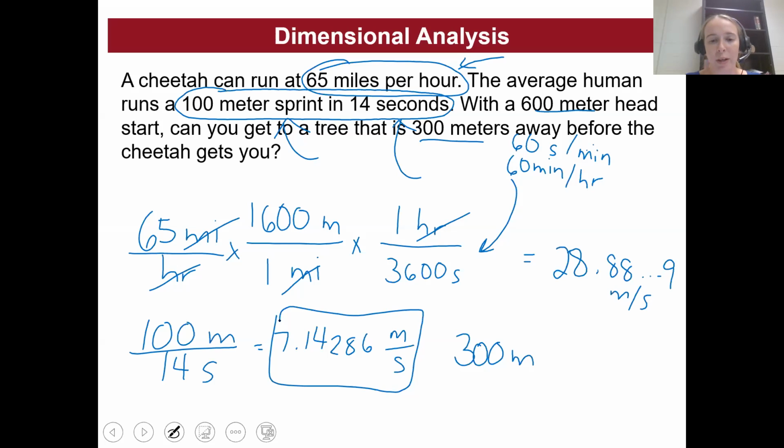So we want meters to be on the bottom. We can think of this as 7.14286 meters over 1 second. That's what the per second means. I'm going to write it like that so that we can use it as a conversion factor. Just like our previous problem, I want to flip the conversion factor because we want meters to cancel out.